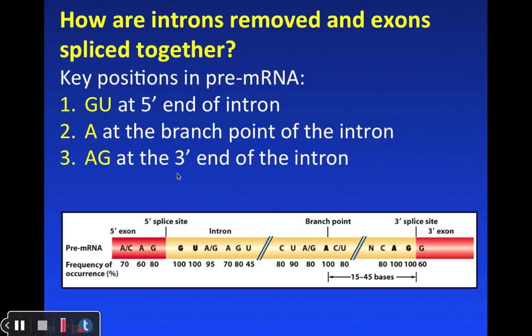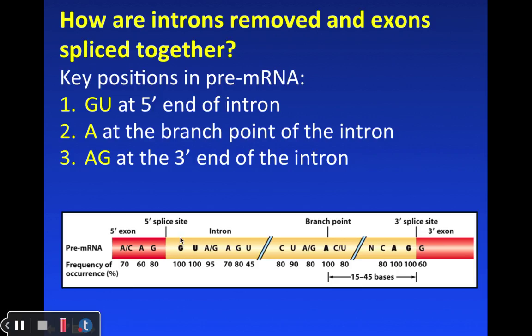So just a few comments about how the introns and exons are modified. So how are the introns removed and how are the exons spliced together? First of all, let's just identify some key positions that we find within the pre-mRNA. So if you look toward the bottom here, we see a piece of pre-mRNA. All of the yellow region, that's part of an intron, flanked by 2 exons on either side.